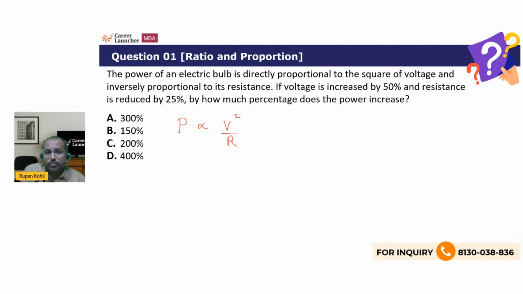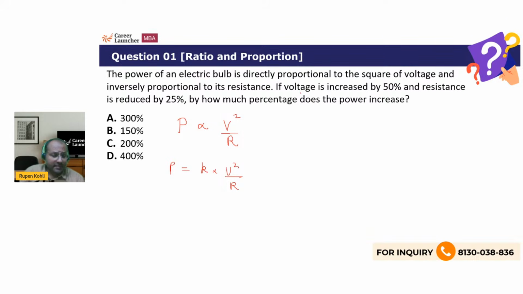So power is proportional to V square by R. We can replace the proportionality symbol by a constant to write an equation, so P is some constant K times V square by R. That is the relationship between these variables.